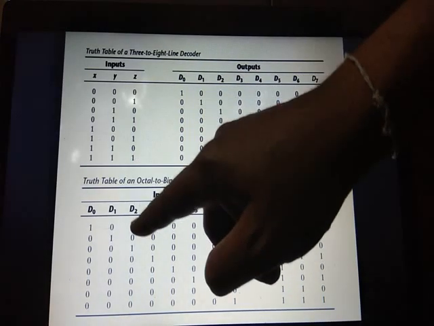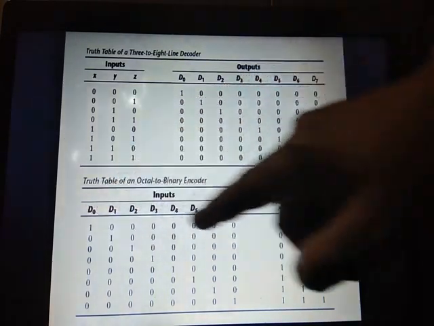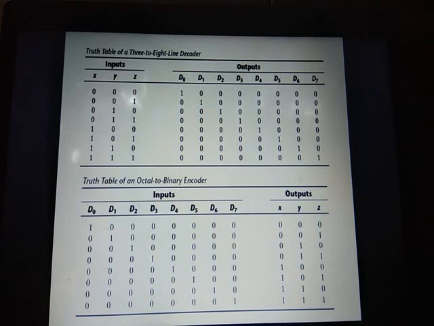Encoder takes 8 inputs, D0 to D7, and produces 3 outputs, X, Y, Z. We'll examine by using an example, that is 110 in binary. If X, Y, Z are 110, it will produce D6 equal to 1. This is it, D6 is equal to 1.